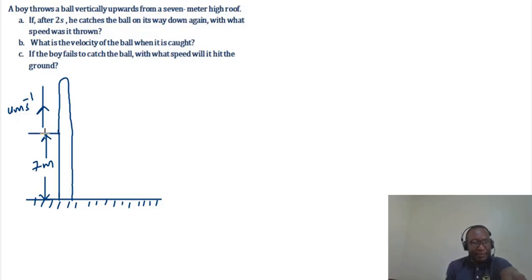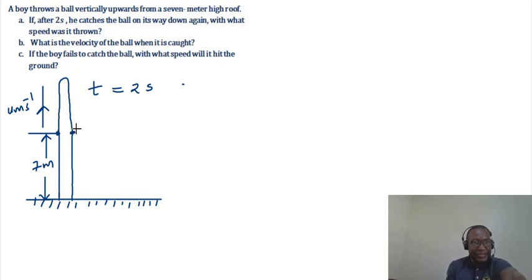Alright, and this boy here, if we projected it from here, then he will have to catch it at this very point when it is moving down. And the time taken for this ball to move like this up to this point where he catches it is 2 seconds.